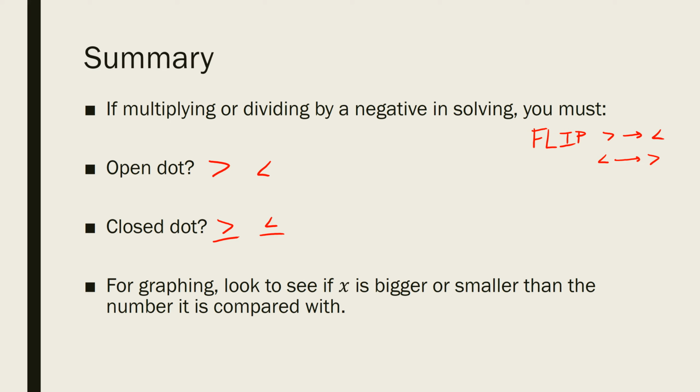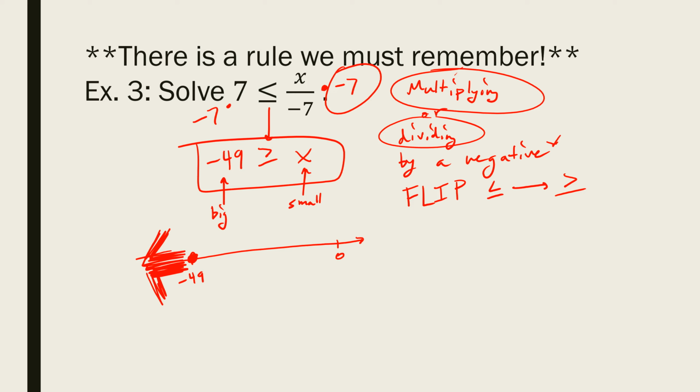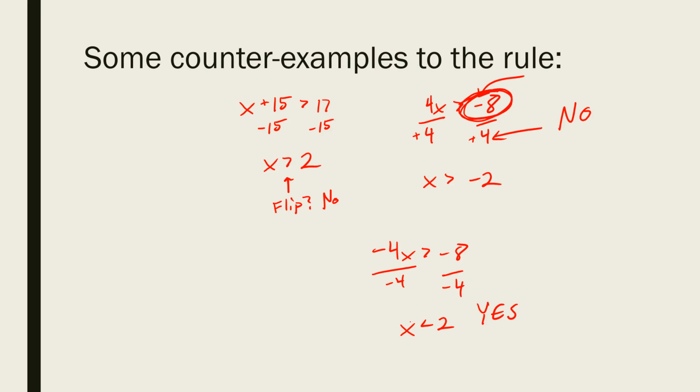So open dot, closed dot. All right, for graphing, look to see if x is bigger or smaller than the number it is compared with. Do not just look at the greater than sign and shade to the right, like we did in example 3. You must look to see that x is the smaller number, so I'm going to shade to the left. Don't just look at the greater than sign.